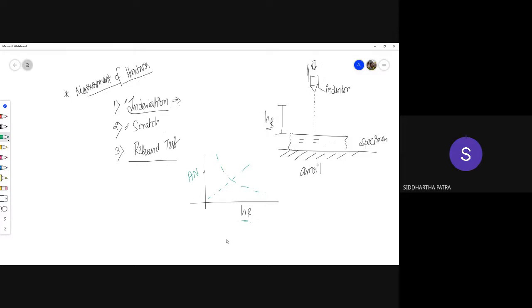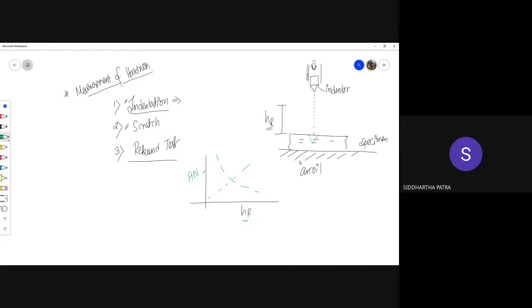You'll have to go back to the definition of hardness. Hardness is resistance to plastic deformation. Okay. Now imagine if the indenter has perfectly elastic collision, it would bounce back to the maximum height. Decreasing, sir. Okay. Yes.